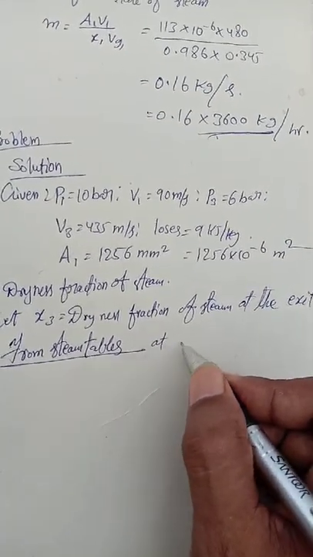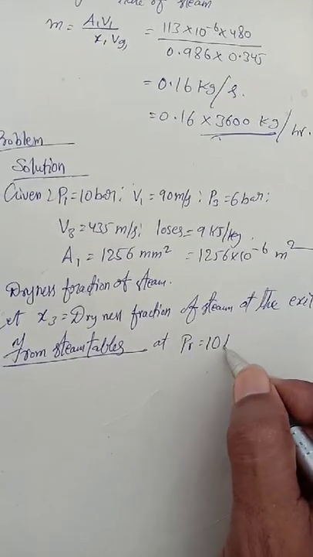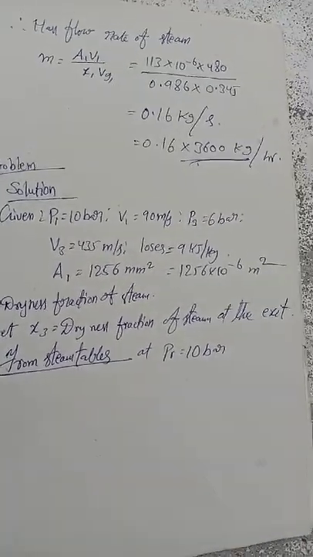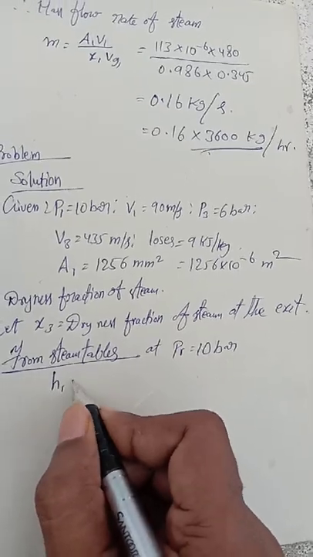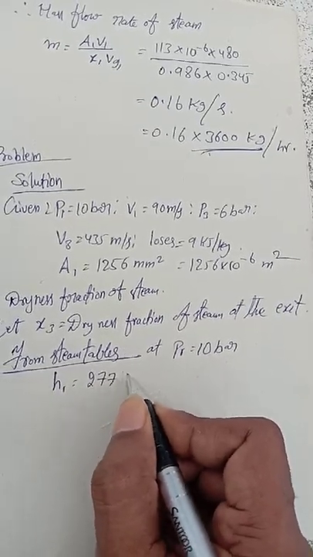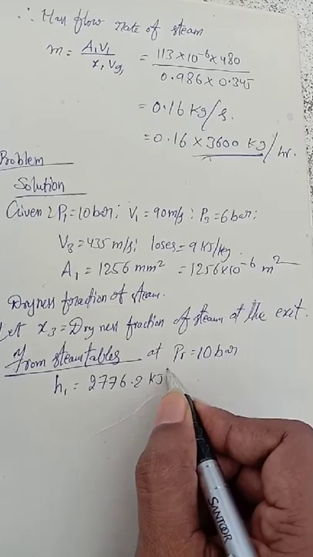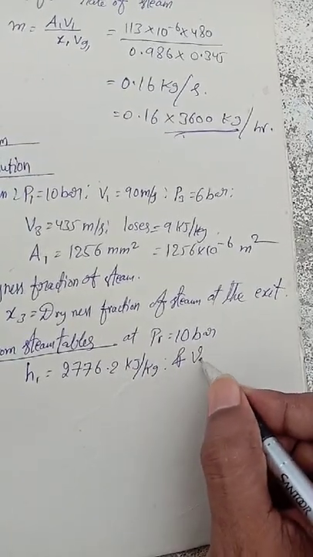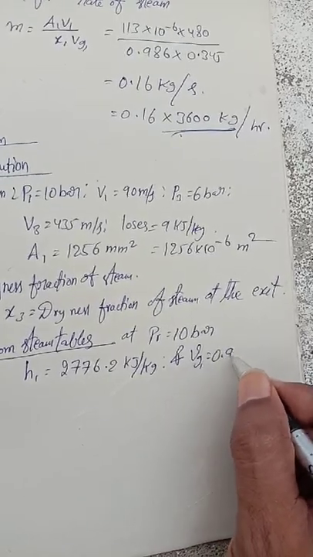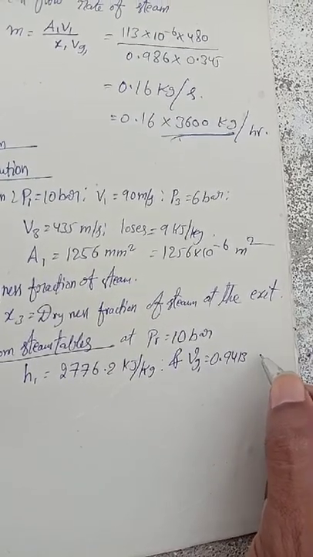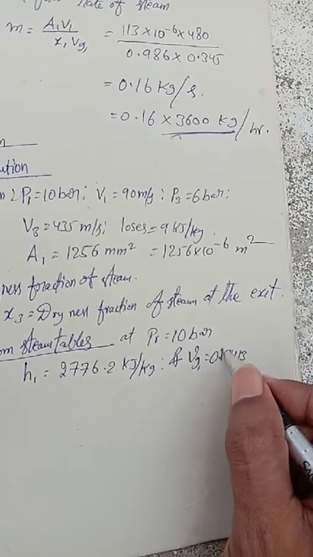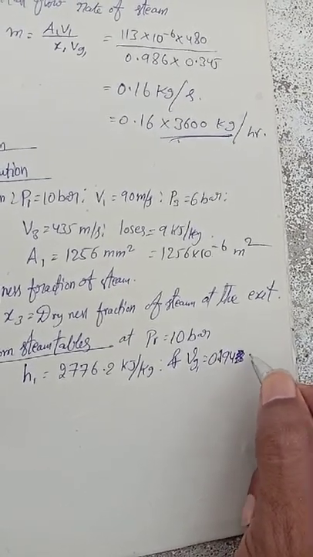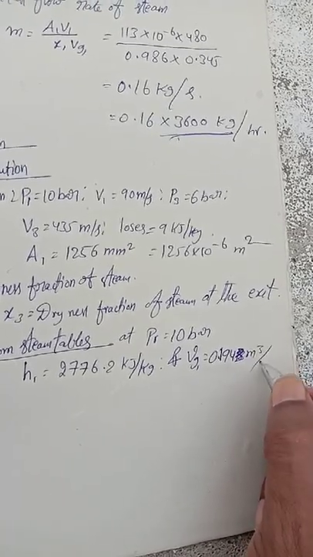at a pressure of 10 bar, we find the enthalpy of dry saturated steam. So H1 is equal to, and Vg1 is equal to 0.1943 meter cube per kg.